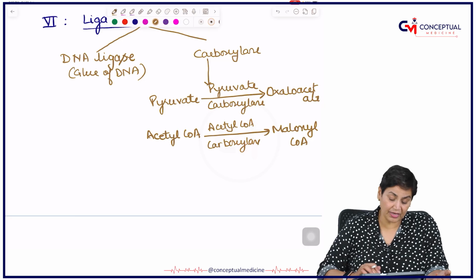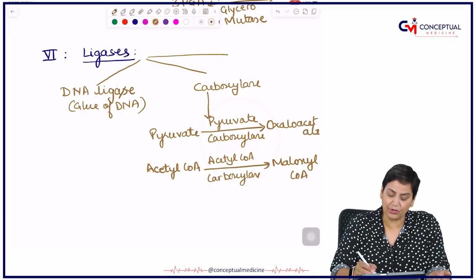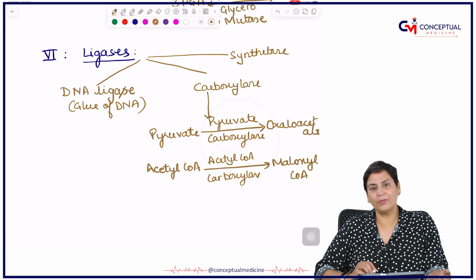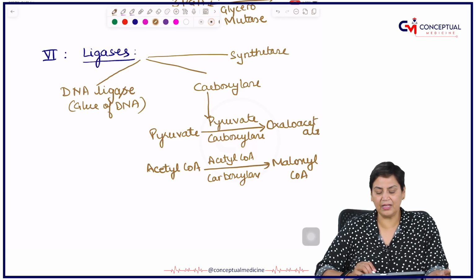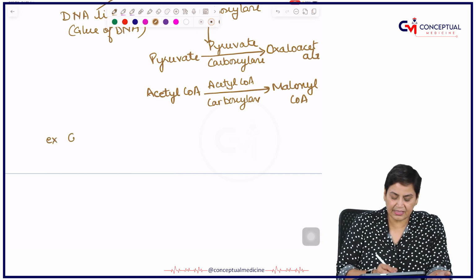Then another example of this is synthetase. Now always remember one thing, this is just a key point which I am telling you, that wherever we are writing synthetase, that means ATP is involved. For example, glutamine synthetase.